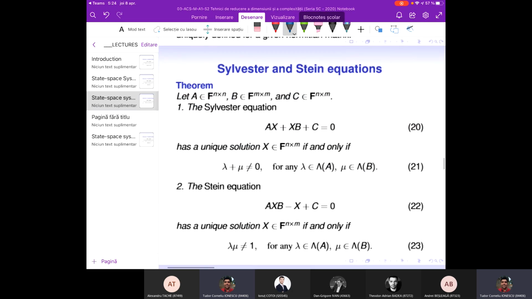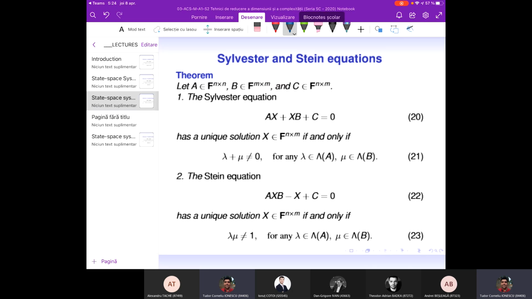The Sylvester and the Stein equations. Consider a matrix A over a field F, which is any set; it can be complex numbers, real numbers, whatever. Let A be an n by n matrix, B be an m by m square matrix, and C be an n by m matrix.